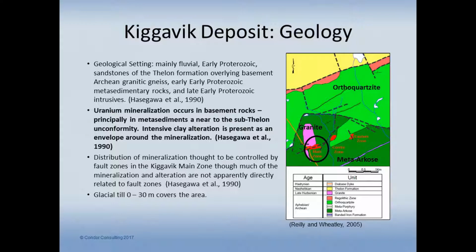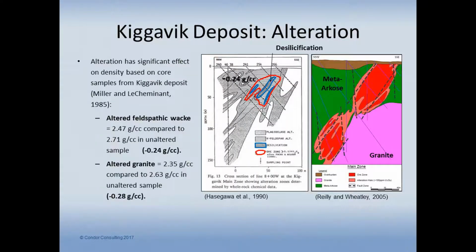So in this case, we've got the mineralization located next to a granite body in some, this is an orphan quartzite in the metamorphosed, inside of the sedimentary rocks. So the mineralization occurs in the basement rocks, principally in the metasediments near the unconformity. And there's intensive clay alteration around the mineralization. There's two different sections presented here from a different vintage.